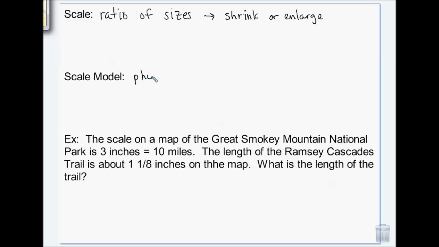Scale models are physical representations of scale. And they're the reason we use scale. Because if you think about a road map, right? You guys have all seen the road map where it has like the little thing at the end that says like 1 inch is 100 miles. That's the scale. So 1 inch equals 100 miles is an example of scale.